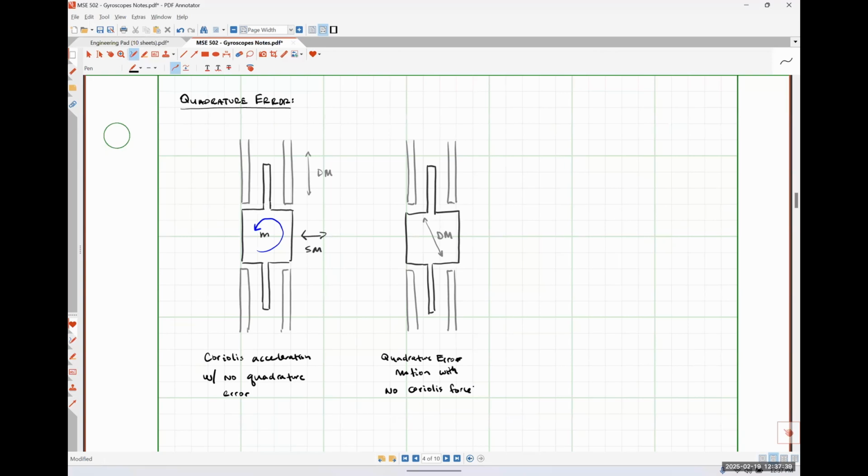So generally speaking, we wouldn't be able to do anything physical to fix this error because it would be cost prohibitive, right?